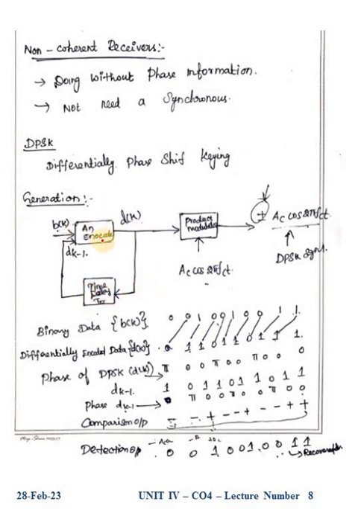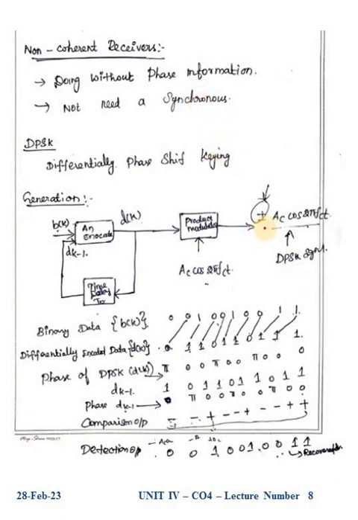Then the outcome is given as input to the product modulator, where we apply the carrier signal. Here we simply apply the carrier frequency, but we don't consider phase information.